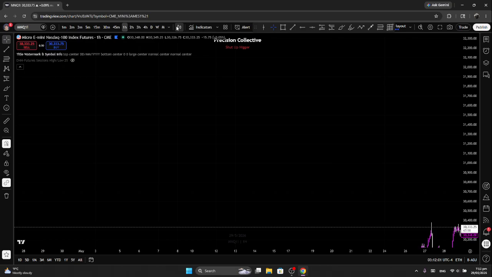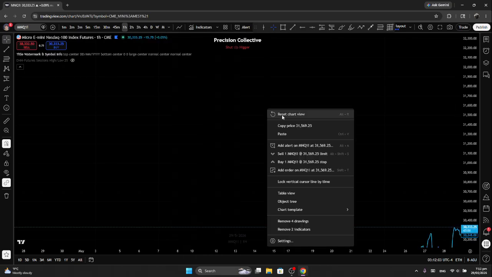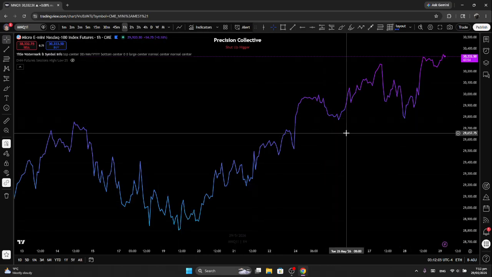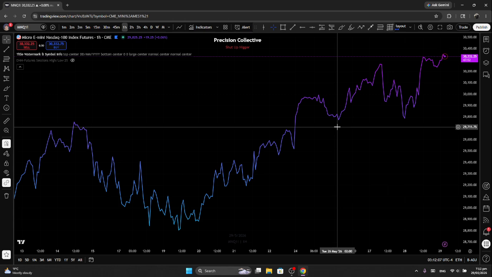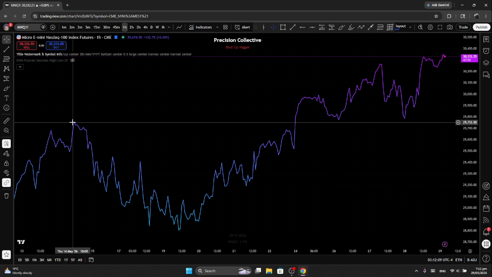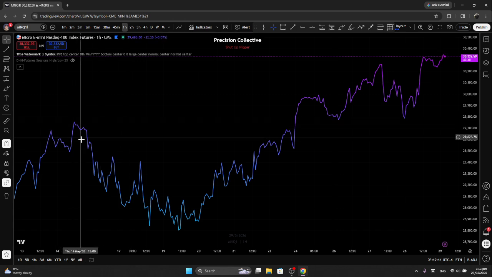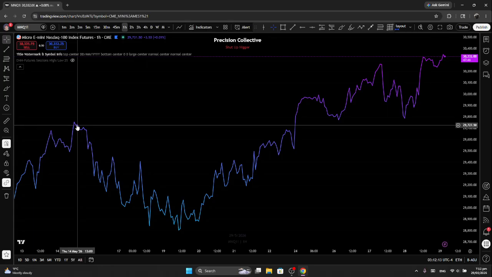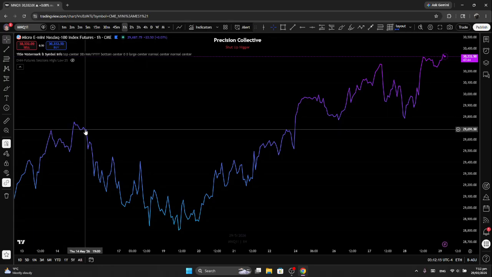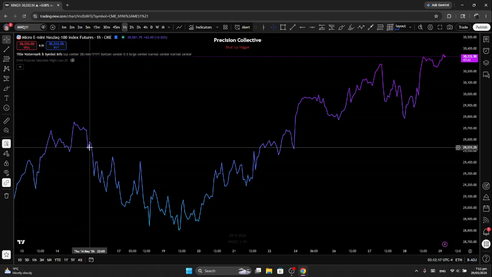And the best example I can do this is if we do a line. Look at that. Down, up, down, up, down, up, down, up.